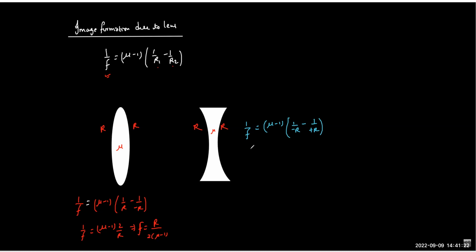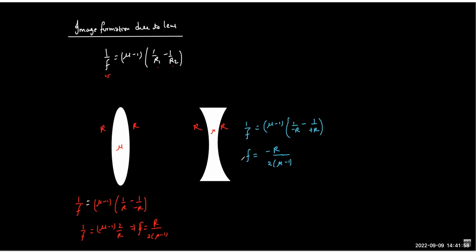And so the answer will be same but with minus R. So what you need to remember is that the focal length of concave is negative and focal length of convex is positive. So especially for equiconcave or equiconvex lens, given the refractive index and the focal length, you can find the radius of curvature. So R is sometimes desirable.